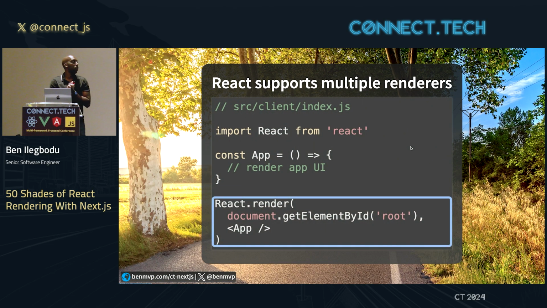When React came out, one of the cool things about it at the time was that it supported multiple types of rendering. The tools back then, like jQuery and Backbone, attached their UI directly to the DOM, and the state was in the DOM too, with data attributes. But React was different because we could build the UI and then render it to whatever renderer we needed.